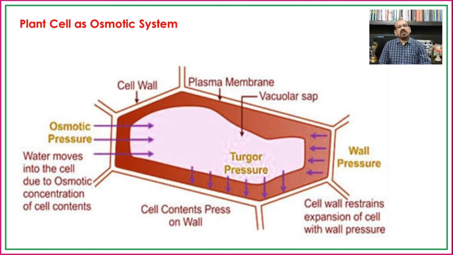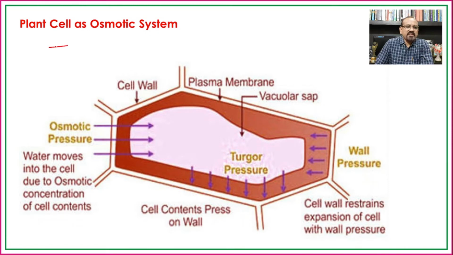Now, whenever we are talking about the plant cell, that is an osmotic system, because when we are talking about osmosis, there is a transport of the solvent particles, and this transport of the solvent particles is because of pressure, and this pressure is known as the osmotic pressure.